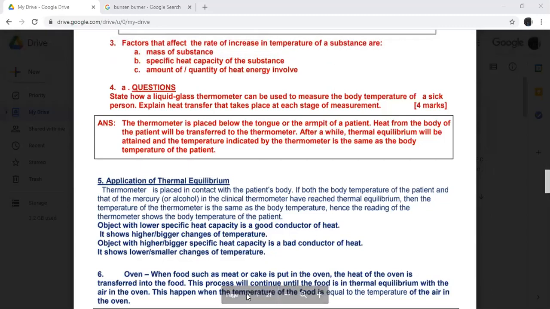So again, if you look at it here, we have a thermometer, which will have its bulb. Inside there, liquid mercury will be there. This liquid mercury will show expansion.